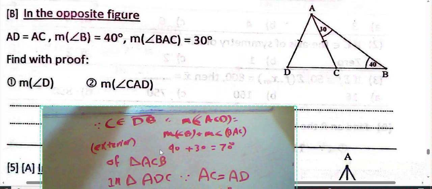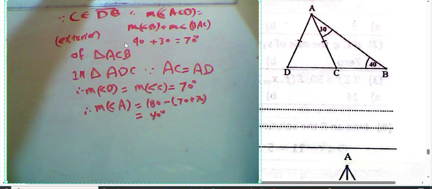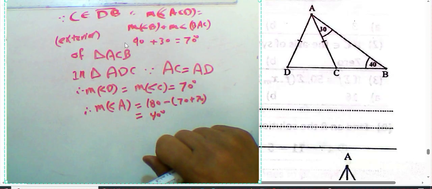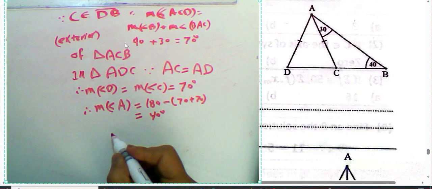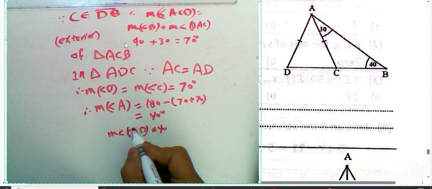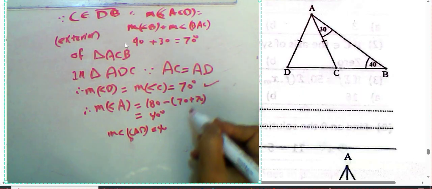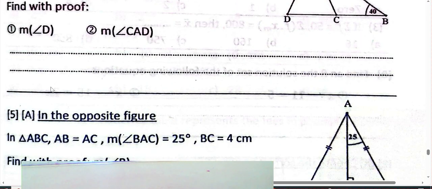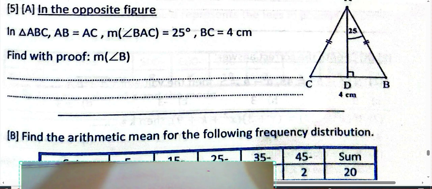Now the measure of angle CAD, we found it: 40 degrees. And we also found the measure of angle C equals 70 degrees and angle D equals 70 also.